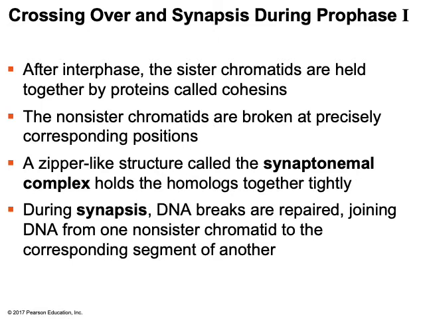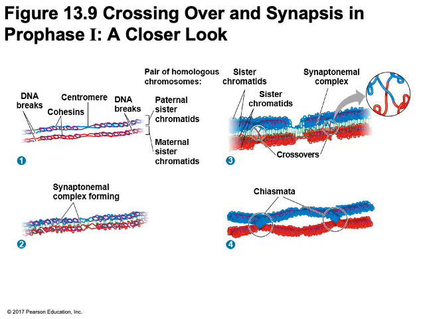homologous chromosomes together. Here's a diagram of crossing over. We have one chromosome from dad, one chromosome from mom. This is from your dad or your mom, and you are passing those on to your offspring.